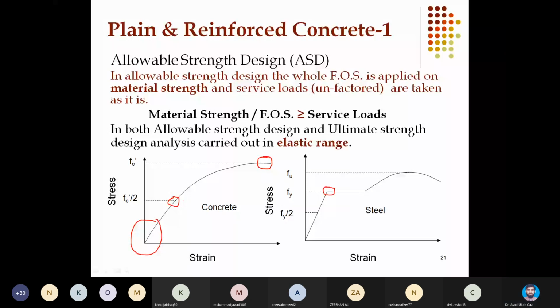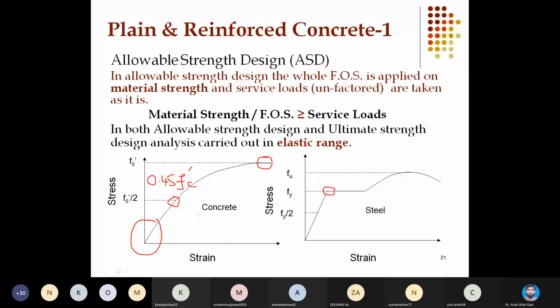So what you will use, you will say concrete resistance offered is actually 0.45 FC prime, very close to 50%. 0.45 FC prime will be the stress which will be used.